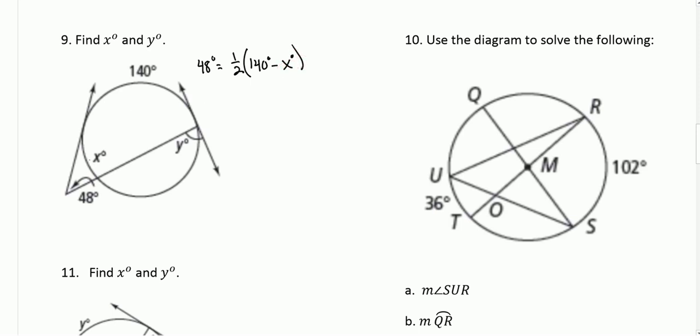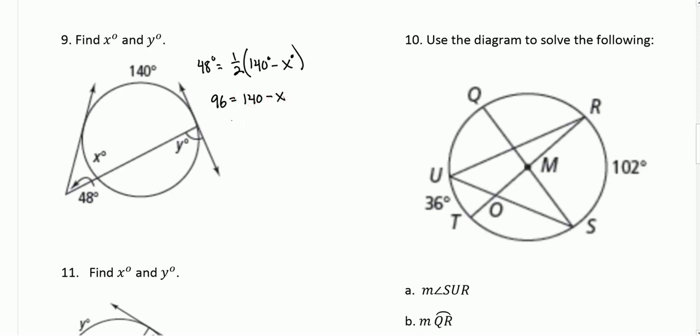And so that relation right there will help us solve for x. I can multiply everything by 2. I get 96 is equal to 140 minus x.